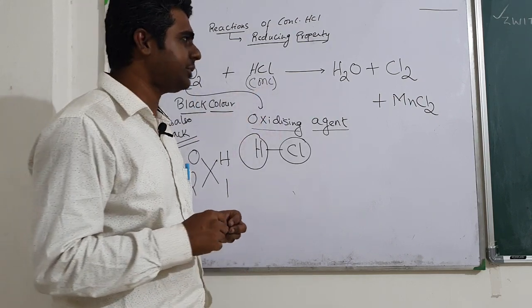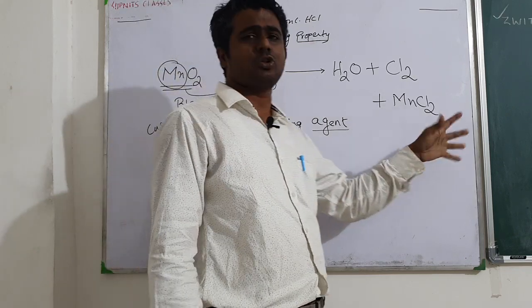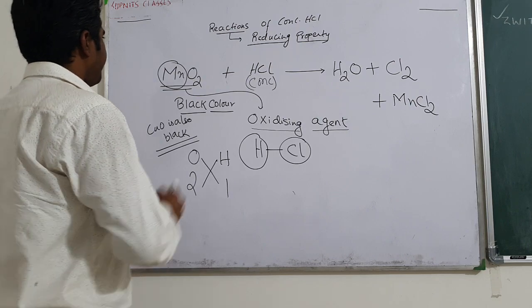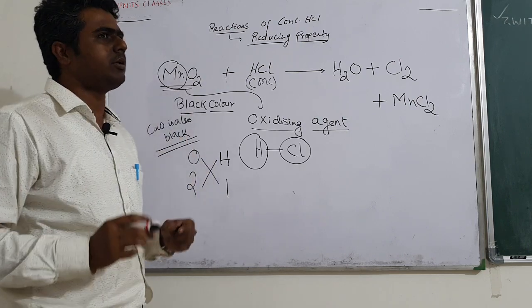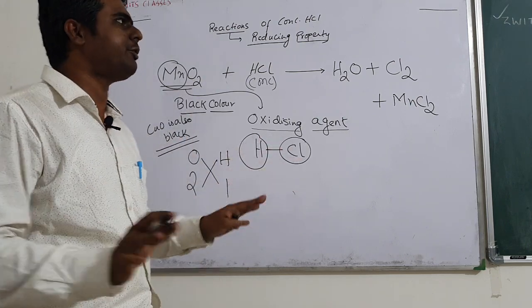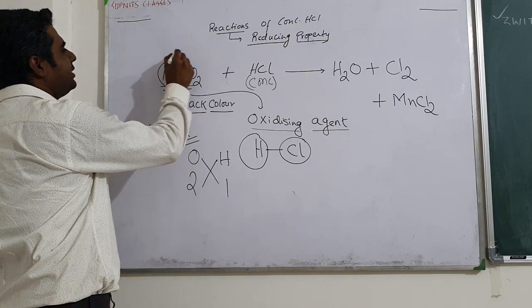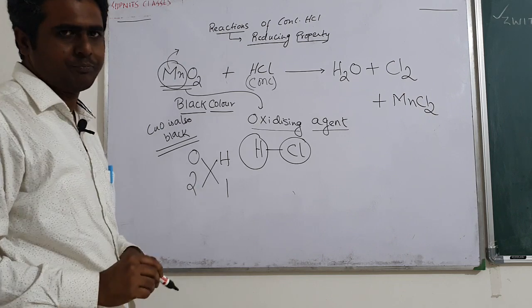If you see, manganese still has chlorine with it. I have already taught you something called the oxidation number, but if some of you don't know it, don't need to panic. Look at the valency of manganese exhibited here.